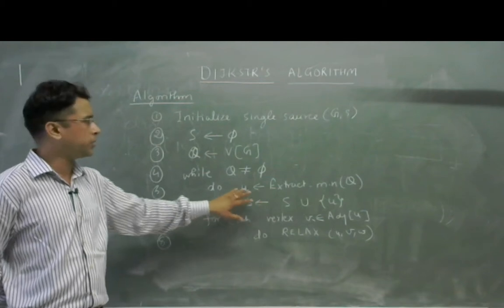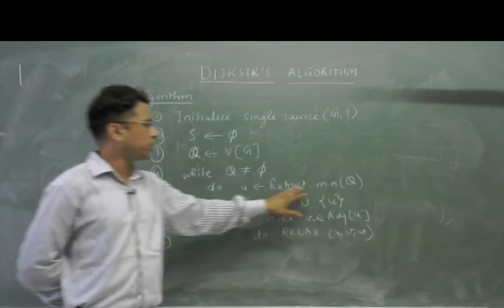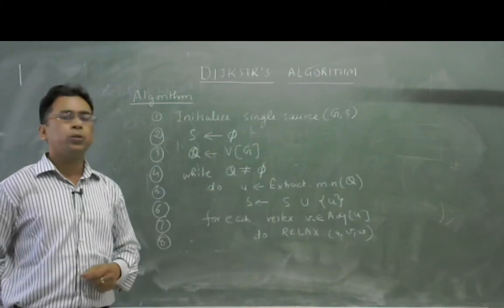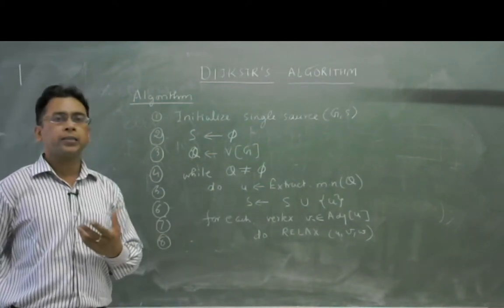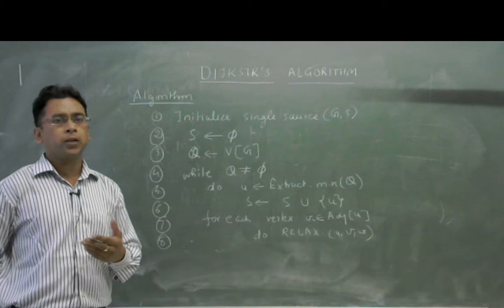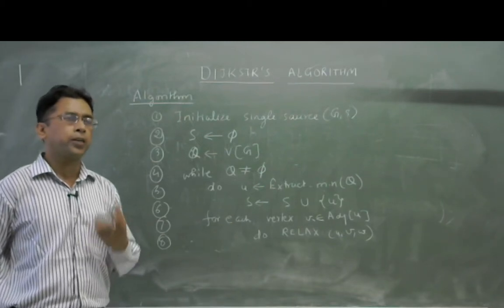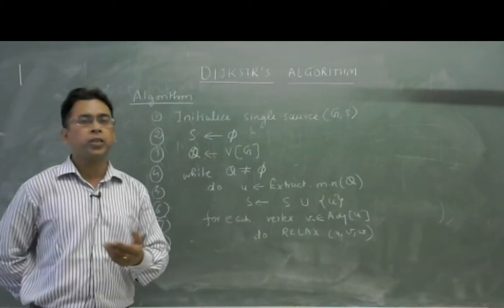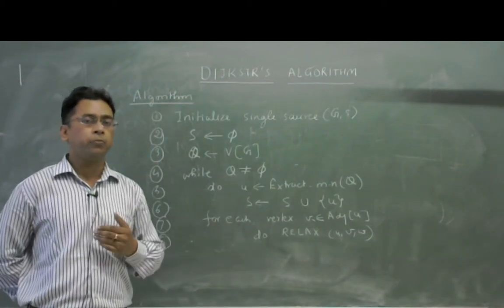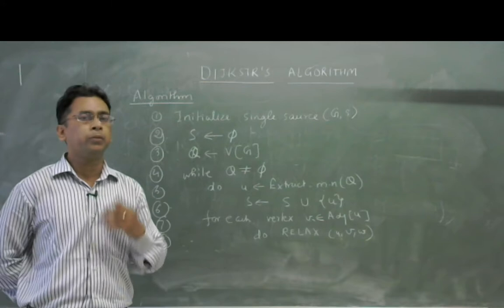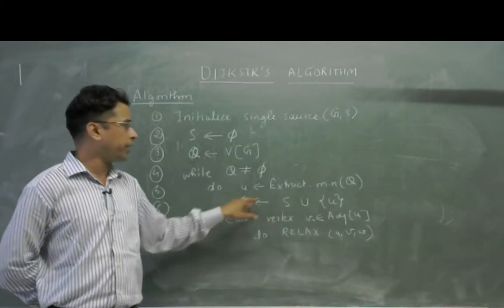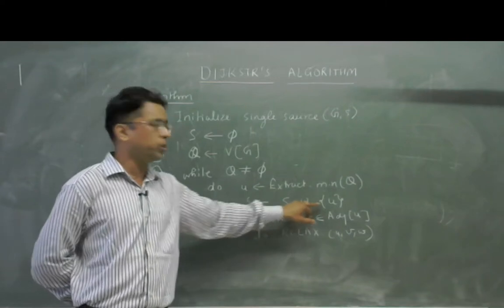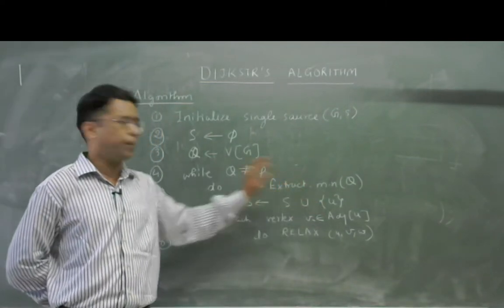What we do in these steps: first, U equals extract min Q. Here we find out the vertex at the minimum distance from the given set. Suppose we have selected a source S, then we shall retrieve the vertex at the minimum distance, and after that we shall add that vertex to the set S that was initially empty.